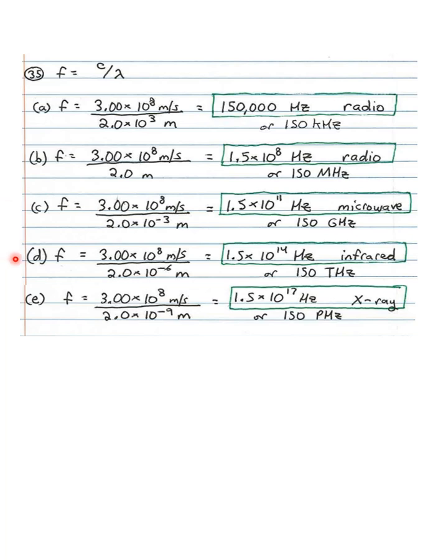Part D, 2 micrometers, 2 times 10 to the negative 6 meters, gives us 1.5 times 10 to the 14th hertz, or 150 terahertz, and that's infrared. And finally, part E is a wavelength of 2 nanometers. Plug that in, 1.5 times 10 to the 17th hertz, or 150 petahertz, and that's in the X-ray.